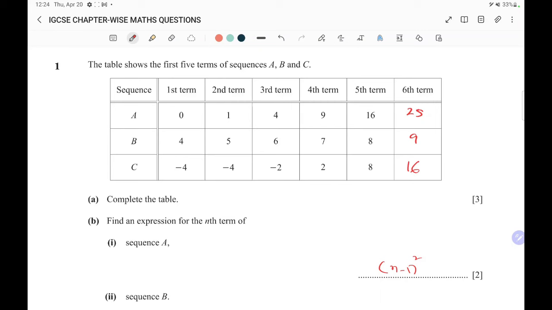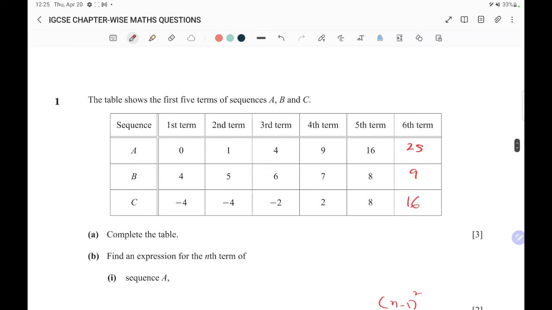The table shows the first 5 terms of the sequence: 0, 1, 4, 9, 16. You can easily observe they are 0 squared, 1 squared, 2 squared, 3 squared, 4 squared. So it should be 5 squared. Now 4, 5, 6, 7, 8, then the next should be 9.